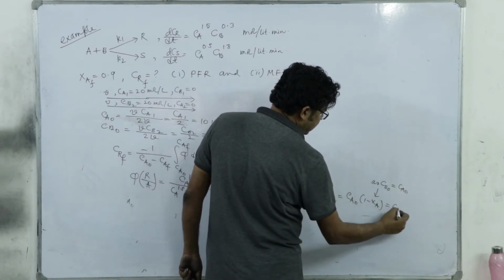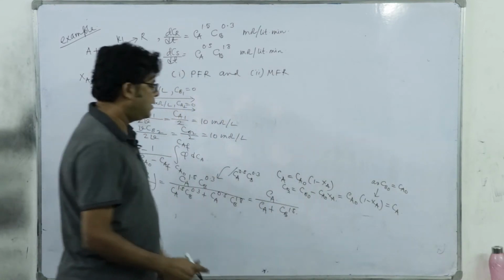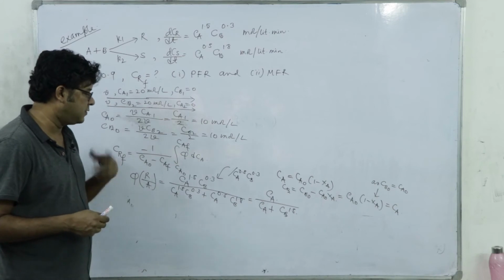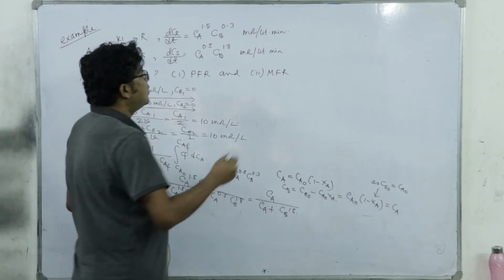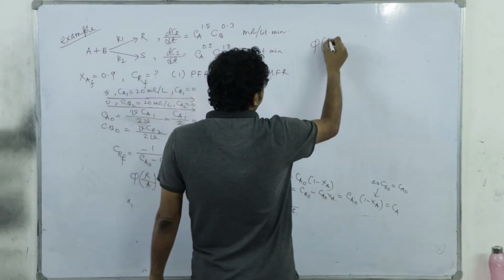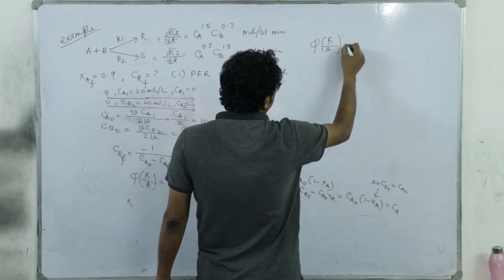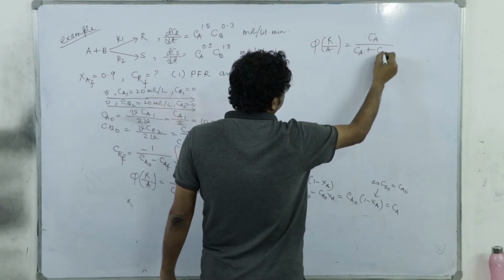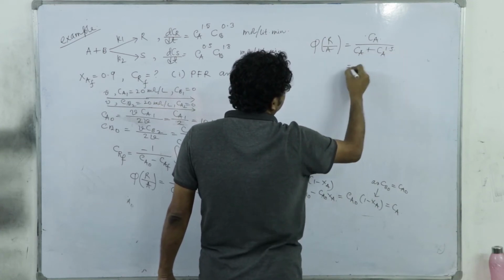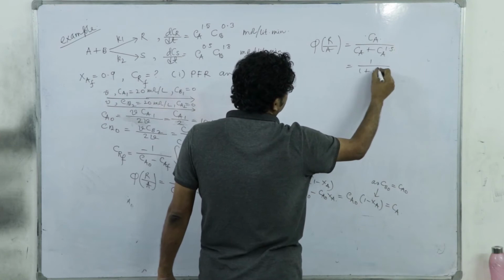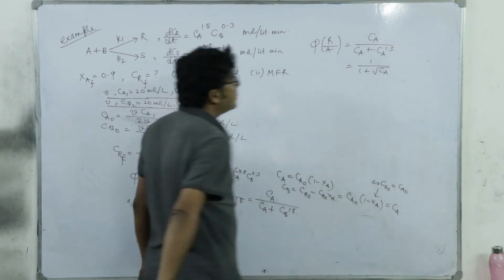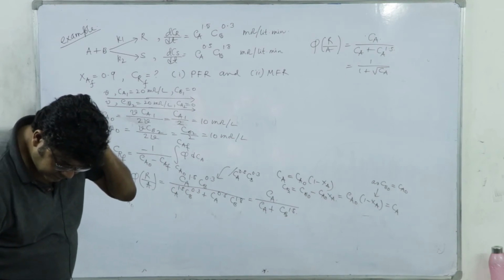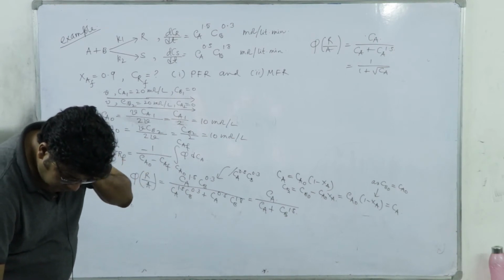So this is nothing but Ca. As the initial reactants were given in stoichiometric proportion, Cb and Ca must be the same. So phi of R by A equals Ca divided by Ca plus Ca to the power 1.5, which is 1 divided by 1 plus the square root of Ca.